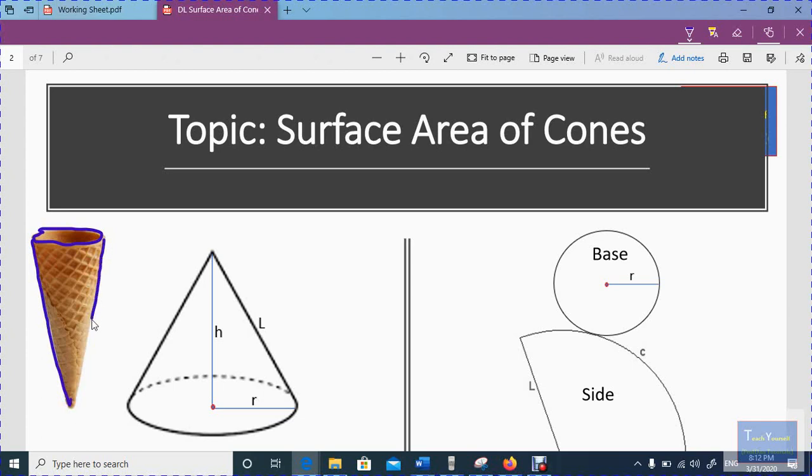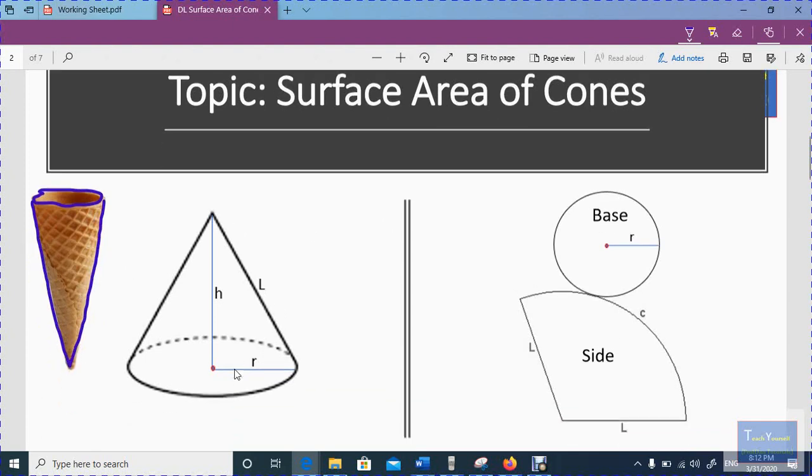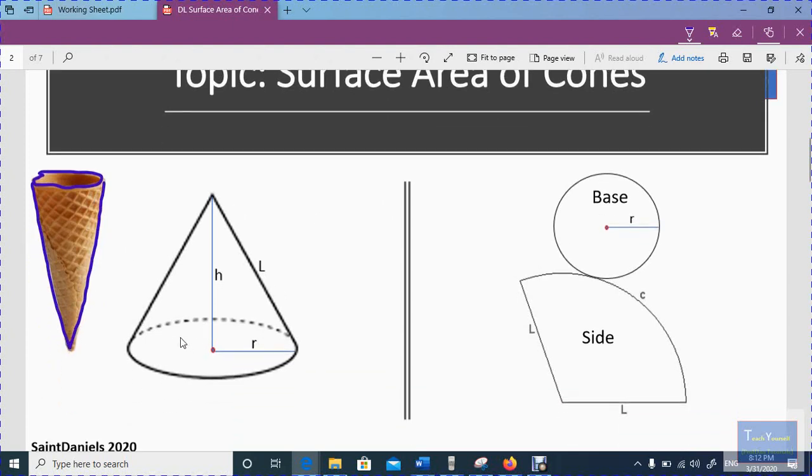A cone is made up of two parts: the circular section, which we often call the base, and the side, which we refer to as the lateral or curved surface. To find the surface area of this cone, we need to find the area of all the surfaces.